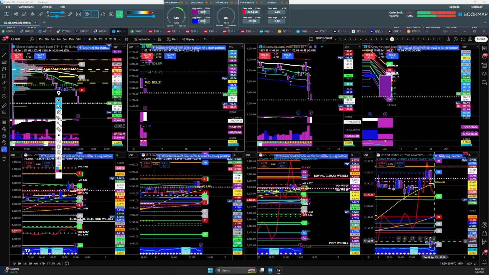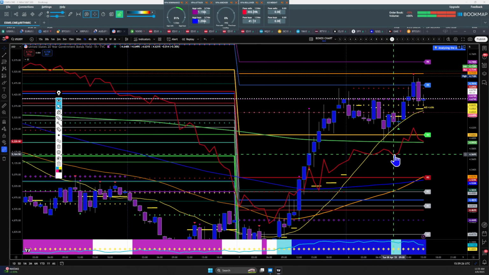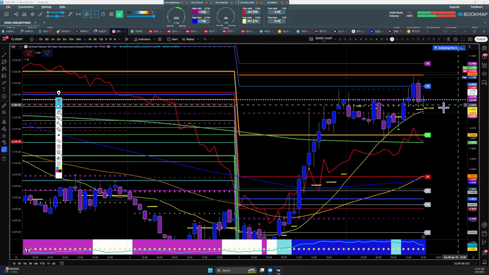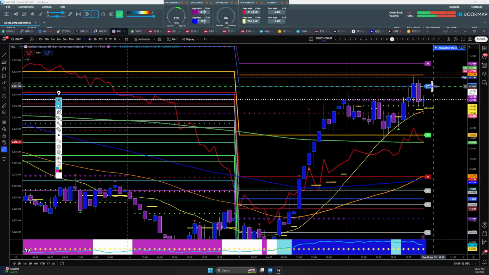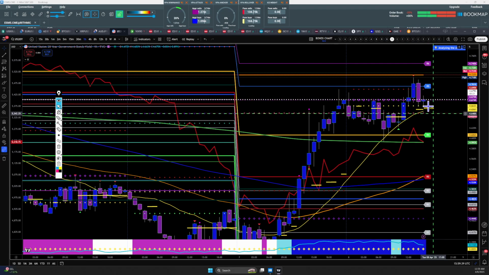So we go into the US 20. Let's see here some interest rates. We're gonna look at the 20. The 20 is pushing up to Camarilla R5 on the weekly level. So we're seeing a distribution happening here, possibly moving to the downside from here.